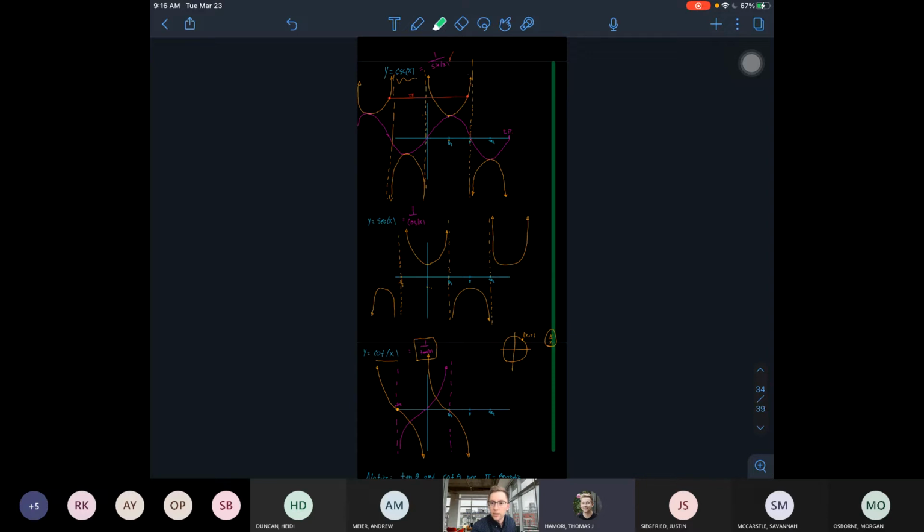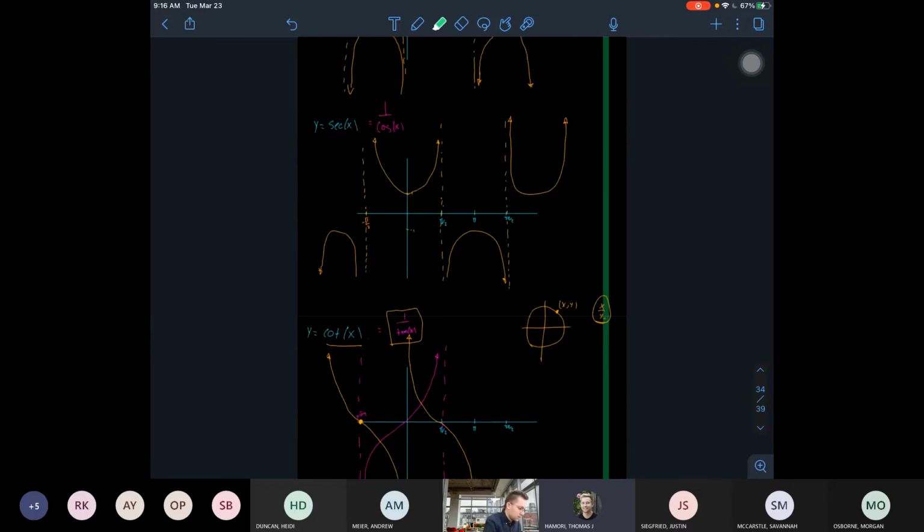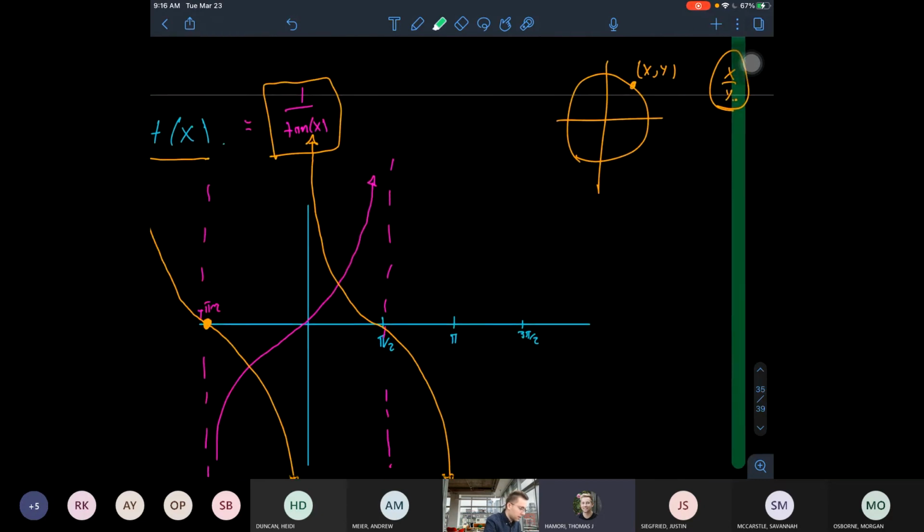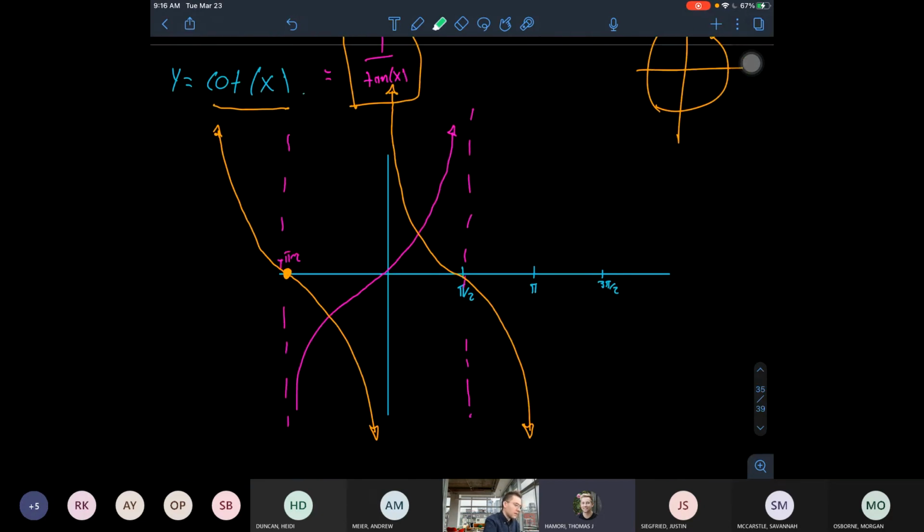Okay, there is a question in here. Can cotangent of x cross the vertical asymptote, or is that only for tangent? Aha, I think you're referring maybe to these pink vertical asymptotes.